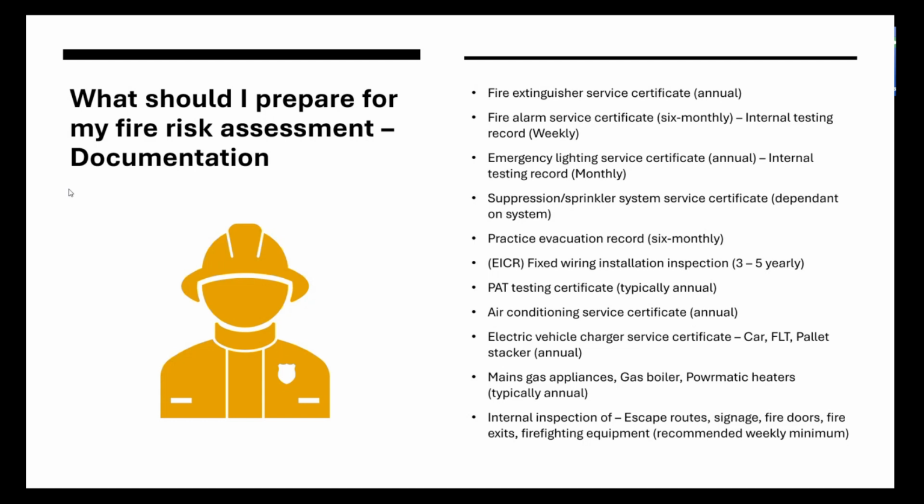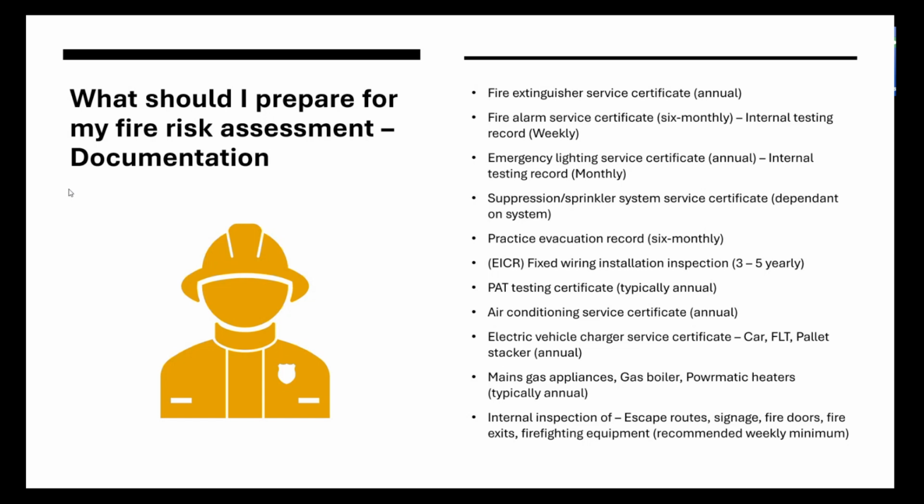Competency is massive in fire risk assessments and anything around fire risk assessments, around the servicing. So we really have such a heavy focus on competency. Okay. So fire alarm service 6 monthly, internal testing weekly, emergency lighting service annually, also known as a discharge test, internal testing monthly.